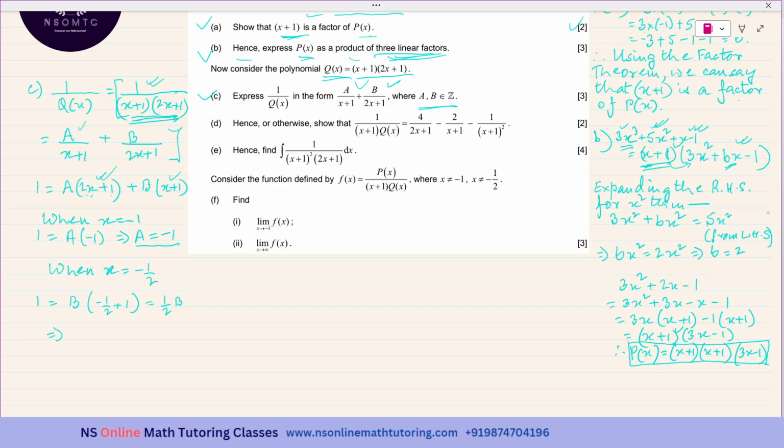Therefore b is equal to 2. Therefore, 1 over q of x is equal to, a was negative 1, so negative 1 over x plus 1 plus 2 over 2x plus 1.